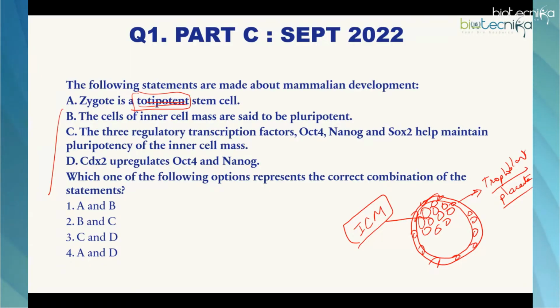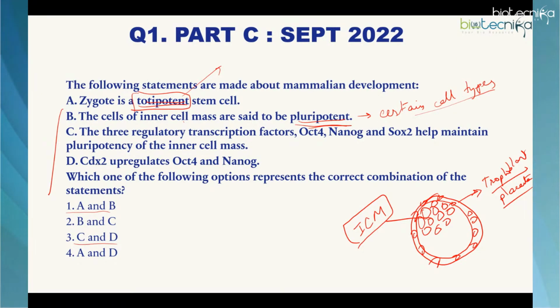You have completely different statements, A, B, C and D. Totipotent is something which can generate the entire embryo. All the cells of the body they can form. Pluripotent, on the other hand, means they can only form certain cell types, not all cells of the body.